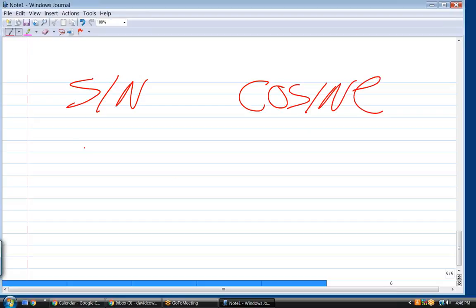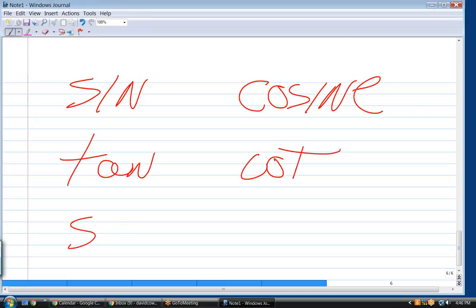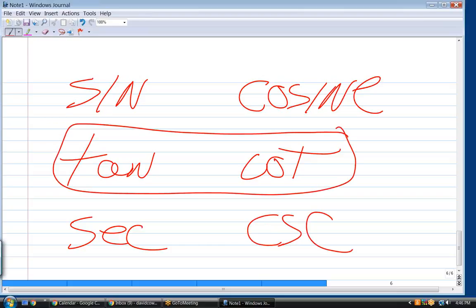Yeah, cosine. What's the cofunction of tangent? Cotangent. And what's the cofunction of secant? Cosecant. Okay. So cofunctions are different than reciprocals. They happen to be the same for that pair. In other words, the cotangent is the reciprocal of tangent.